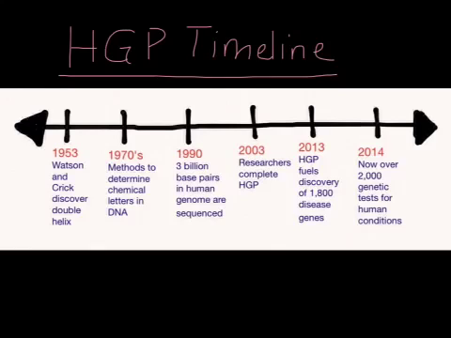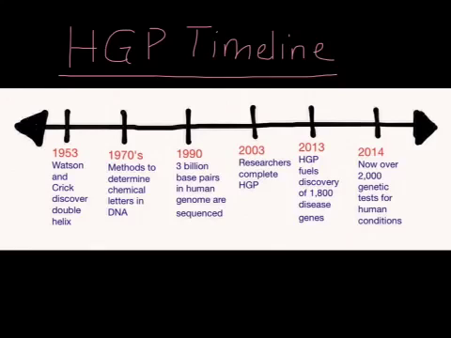In 1953, Watson and Crick described and discovered the DNA double helix structure. In the 1970s, methods to determine chemical letters in DNA were found and developed. In 1990, the Department of Energy joined with international partners to sequence all 3 billion base pairs in the human genome.